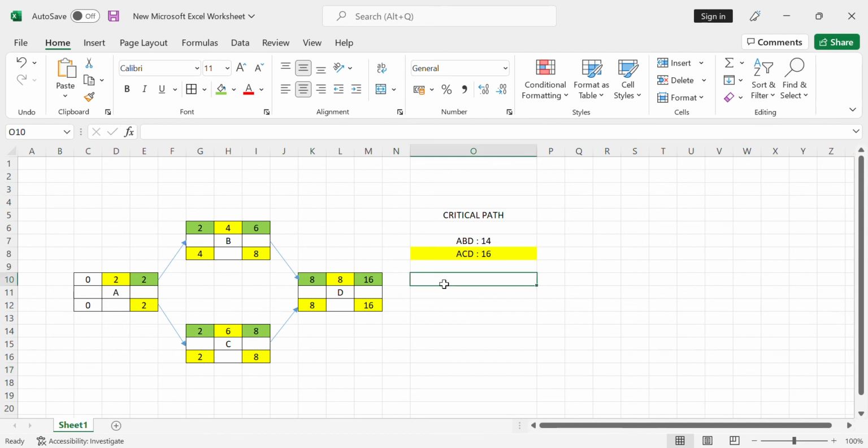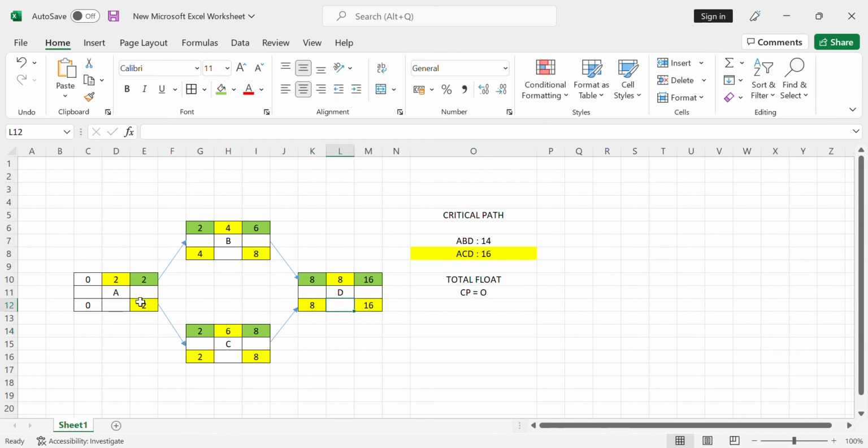Now what will be the total float? Always remember, the total float of the critical path will always be equal to 0.